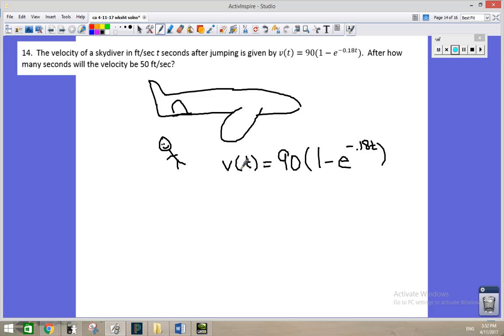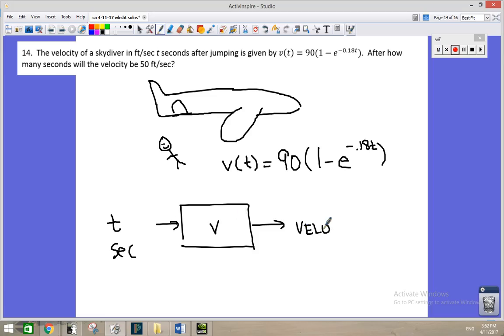The velocity is the output of this function. So what this function does, you give it the number of seconds that it took after you've jumped from the plane, and like 1 second later, 2 seconds later, or 10 seconds later, the output of this will tell you how fast you're going.